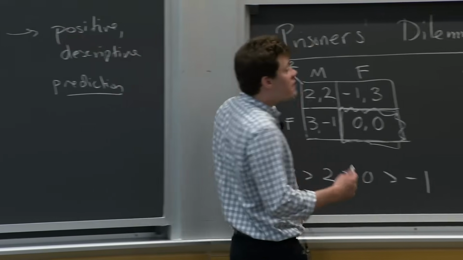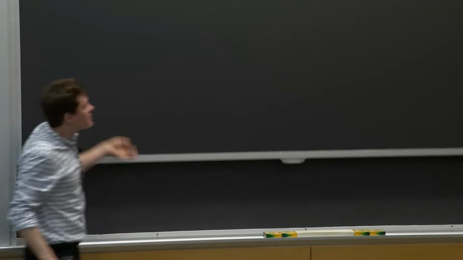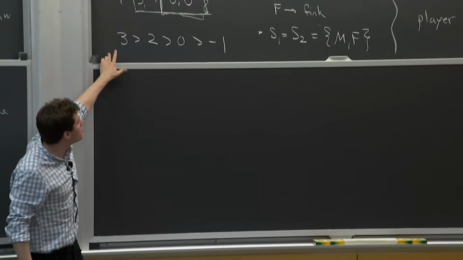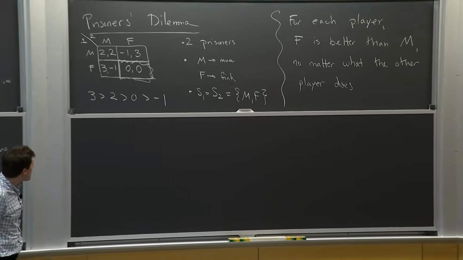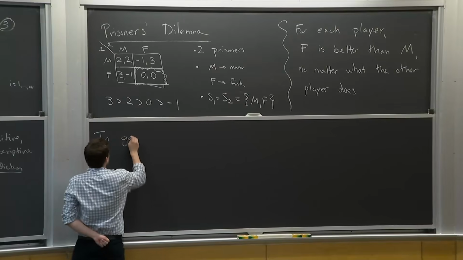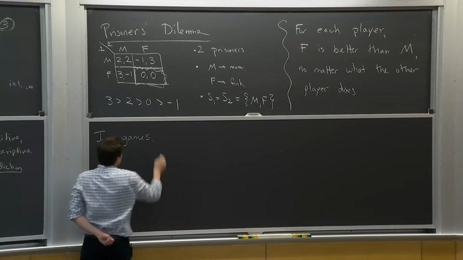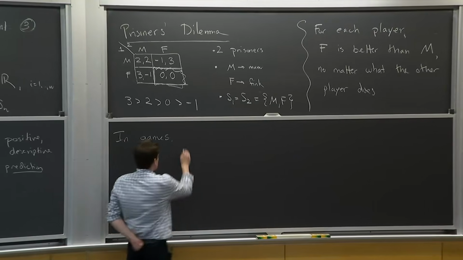And I think this observation was surprising to a lot of people early on. I mean, mathematically, it's not very deep, but it definitely surprised people. And I think the key interpretation of the prisoner's dilemma, or what we learned from it, is that in games, rational behavior can lead to inefficiency.